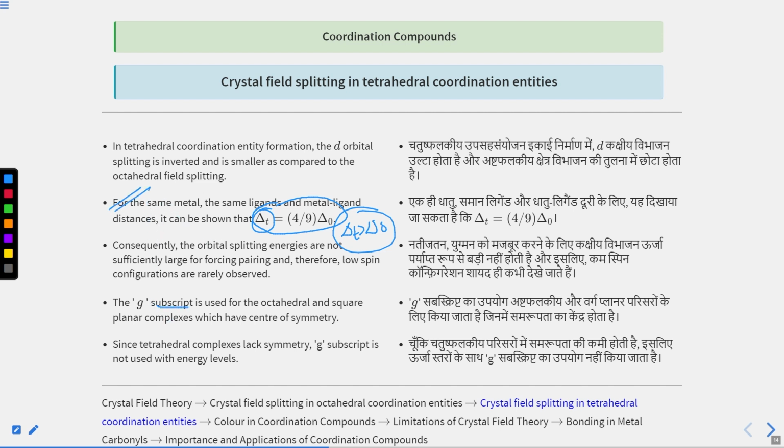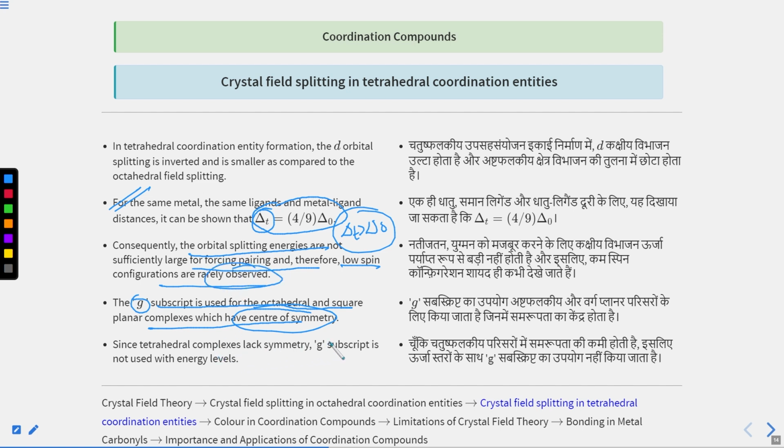Now the g subscript is used for octahedral and square planar complexes only, which have a center of symmetry. I told you this, but in case of tetrahedral, we do not have any center of symmetry. Therefore, we do not have any g sign. Consequently, the orbital energies are not sufficiently large for forcing pairing, and therefore low spin complexes are rarely observed. They are not observed, and you will not see an example also.